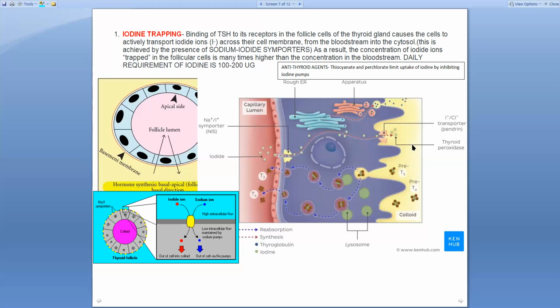the follicle. So if you see, when thyroid stimulating hormone arrives and it attaches to the basal part of the follicular cell, the sodium iodide symporter, Na+ I- symporter, this is the protein.